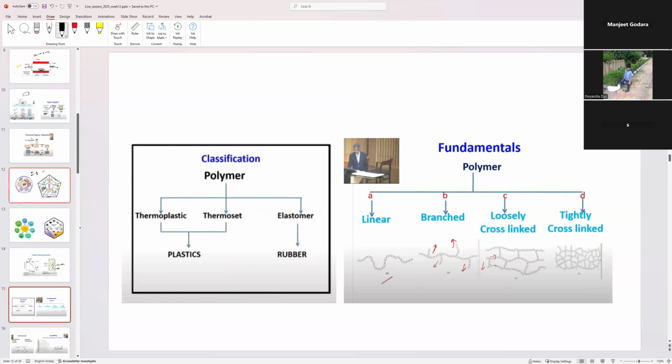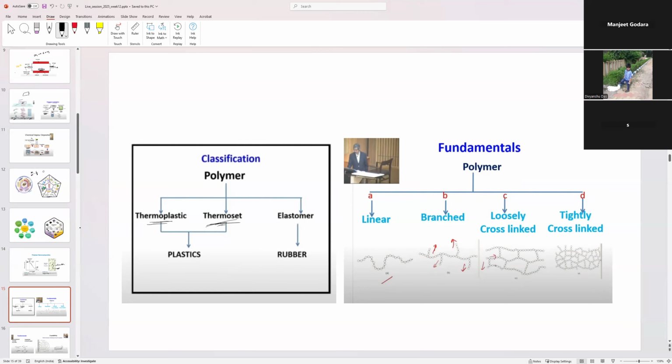There are different classifications for polymers. It can be thermoplastic or thermoset. Thermoplastics can be reheated multiple times to change their shape. Thermoset is once you form them the first time, if you try to heat them again to reshape them, they degrade into gases.